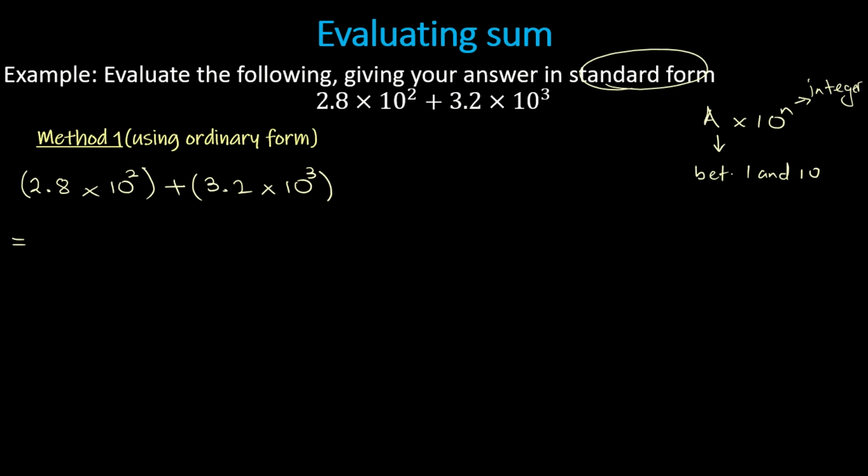This can be written simply as 2.8 times 10 to the power of 2 is simply 100 plus 3.2 times 10 to the power of 3 is 1000, right? 2.8 times 100.